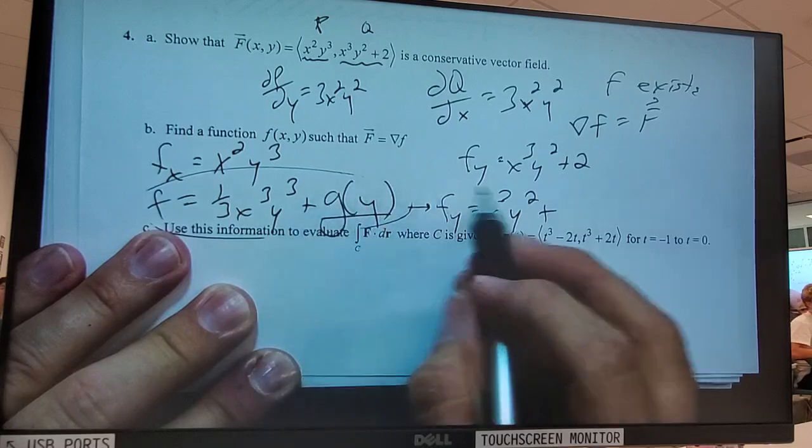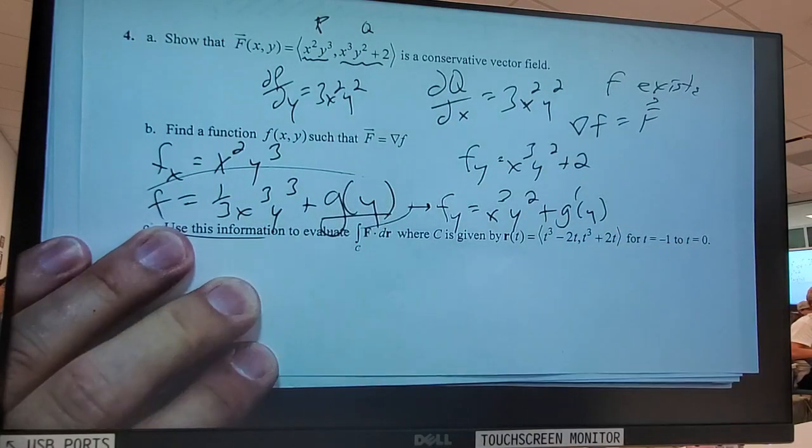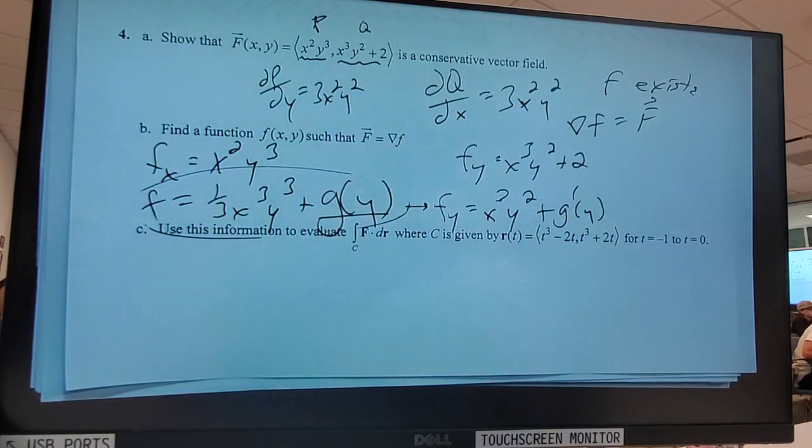Derivative. And this is a function of y, so this would be g prime. If g of y was sine y, and you took the derivative of this, wouldn't you put this plus cosine y? So whatever g of y is, what I'm going to put here is its derivative. Now we understand in this case that prime is with respect to y. And I don't have to put dg dy if I don't want to, because it's understood. So we know that prime means derivative with respect to y.